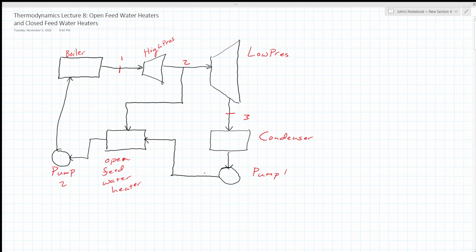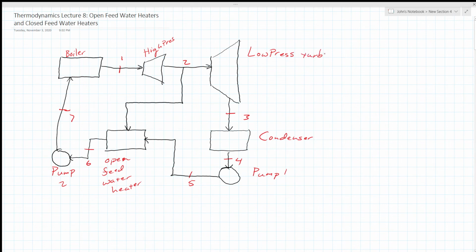Let me label everything here real quick: 5, 6, and 7. So steam will flow through this high pressure turbine, and some of that steam will be siphoned off into our open feed water heater, which I'll explain in a second. Then the rest of the steam goes into the lower pressure turbine.